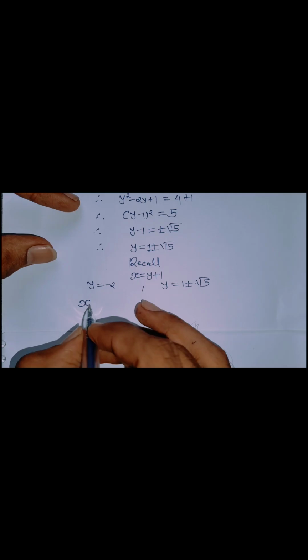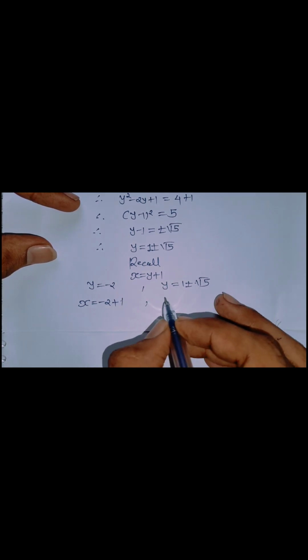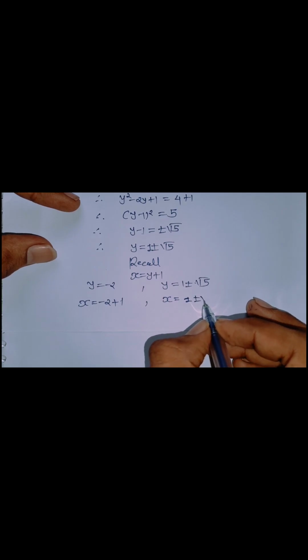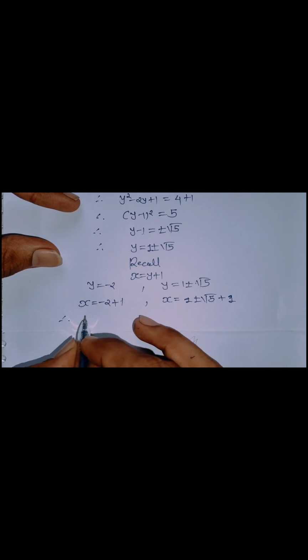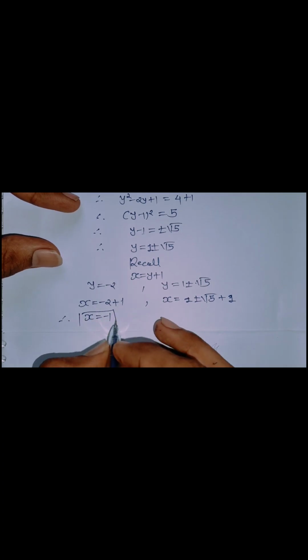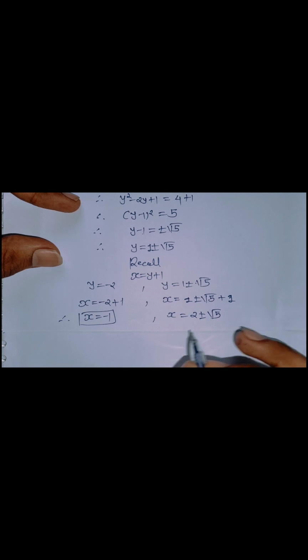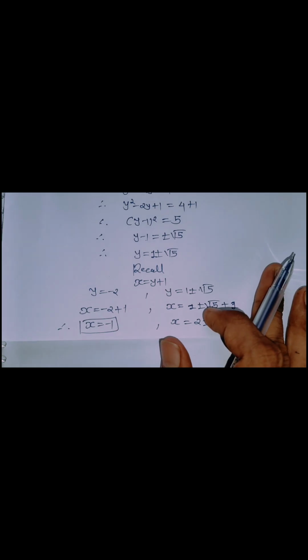Now x is equal to minus 2 plus 1, and x is equal to 1 plus or minus root 5 plus 1. Therefore x is equal to minus 1 is a solution, and x is equal to 2 plus or minus root 5 is the solution. Means total 3 solutions are possible. All three are real: minus 1, 2 plus root 5 and 2 minus root 5 of this given equation.